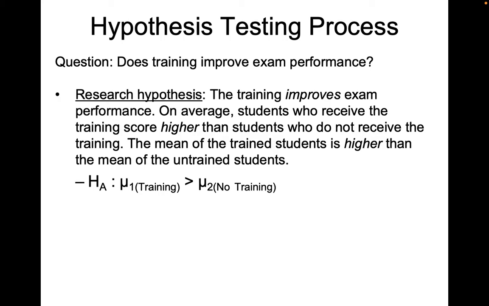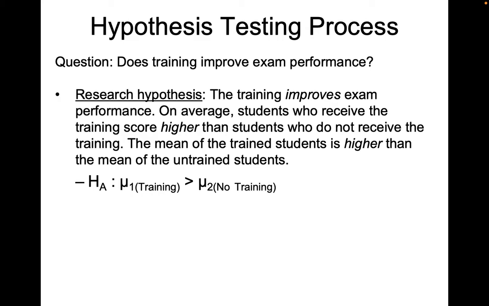We then see the symbol for population mean, which is mu. So what I've expressed here is the relationship between the two populations as mu1, which represents the training group or the trained students, being greater than mu2, representing the untrained population.